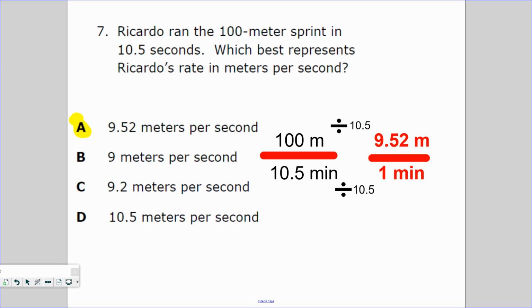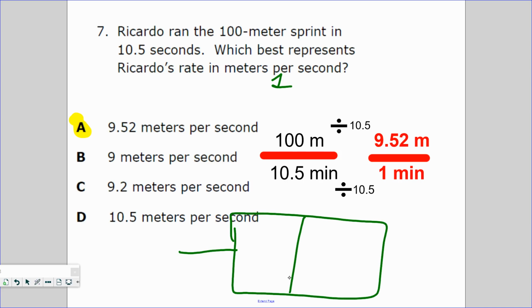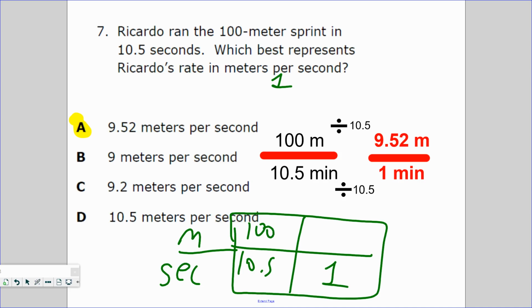Number 7, Ricardo ran the 100-meter sprint in 10.5 seconds. Which best represents Ricardo's rate in meters per second? Again, per second means 1 second. So if you make a table, it's about meters and seconds. So 100 meters in 10.5 seconds, which best represents per second, 1 second.